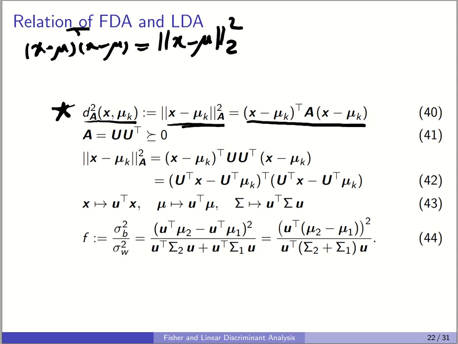Mahalanobis distance says that assume I have two classes, two clouds of points. These are the means of these classes.